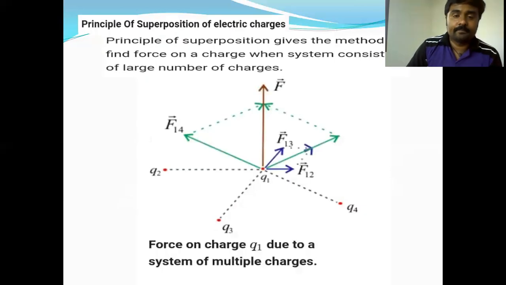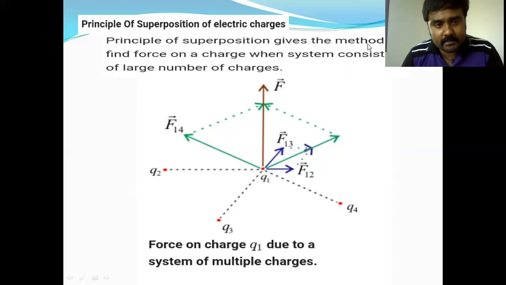Next concept, the principle of superposition. This principle gives the method to find the force acting on one particular point charge due to multiple point charges, a group of point charges, or a system of point charges.